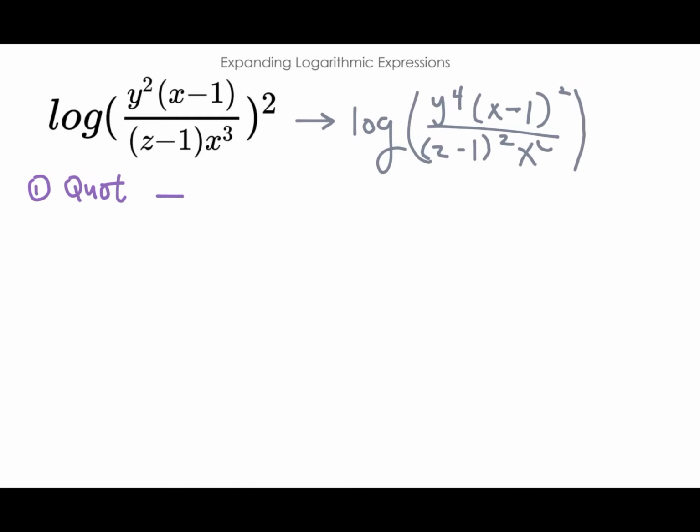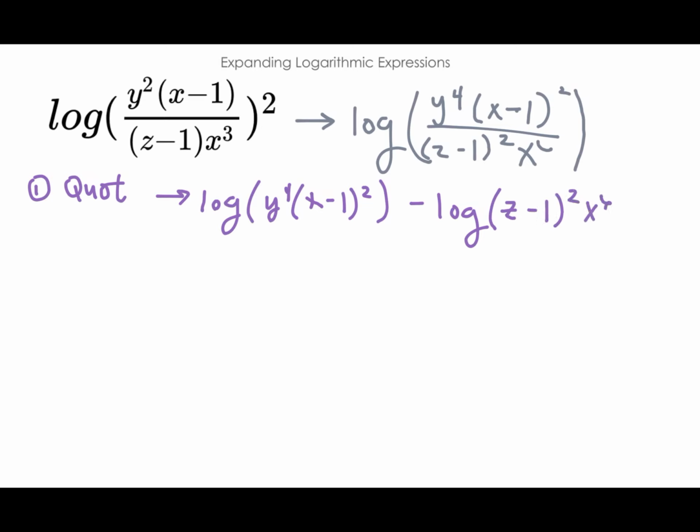So this is going to become log of the numerator minus log of the denominator. And you can put parentheses here to show that it's all in that log. So that's my first step. I've applied the quotient rule. I only had one division, so it's only going to separate into 2 different logs.